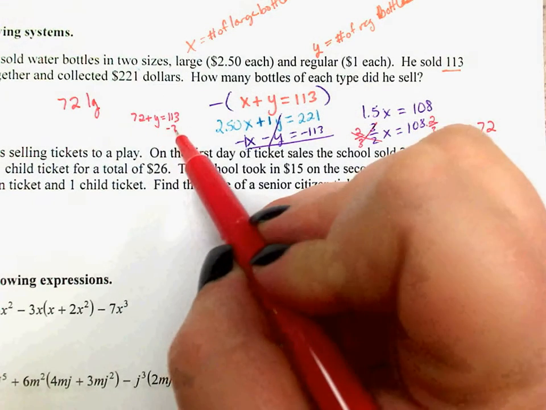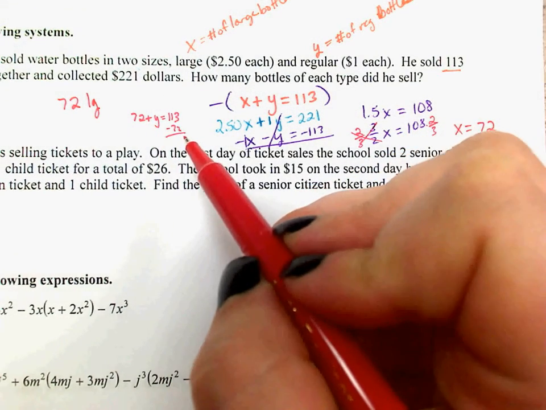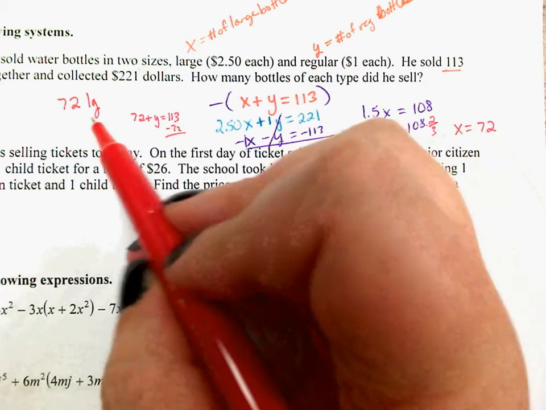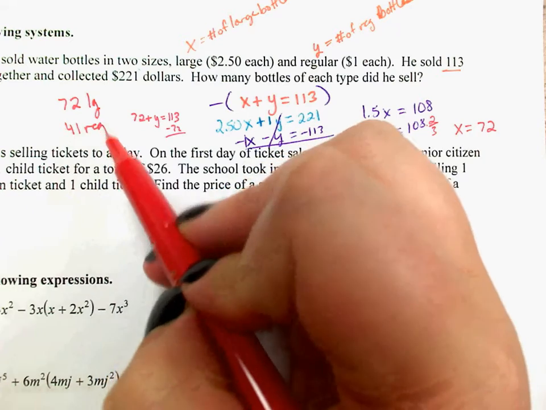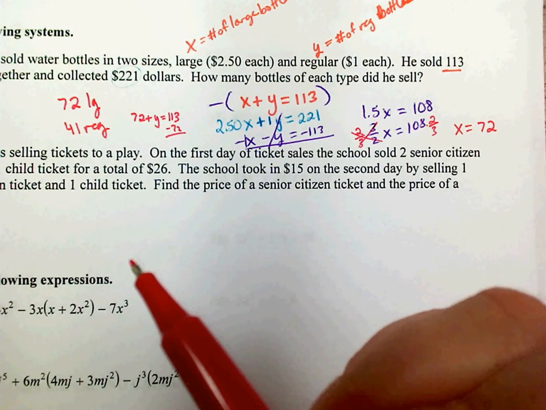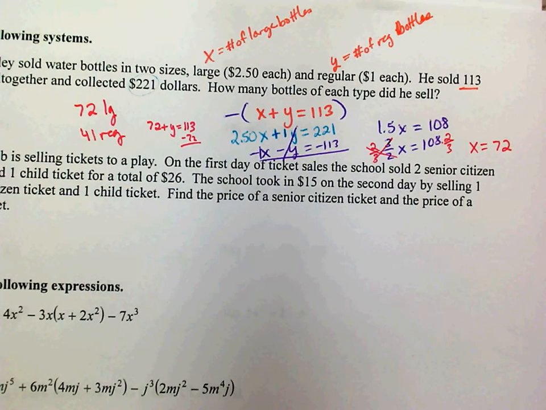And there we go. Although I do suggest that you check it. So 72 times 2.5 plus 41 times 1, or just 41. It's 221, and that's how much money. Okay, good.